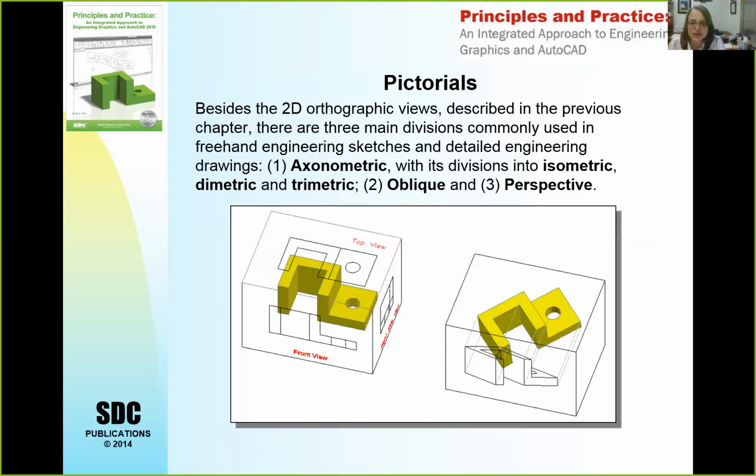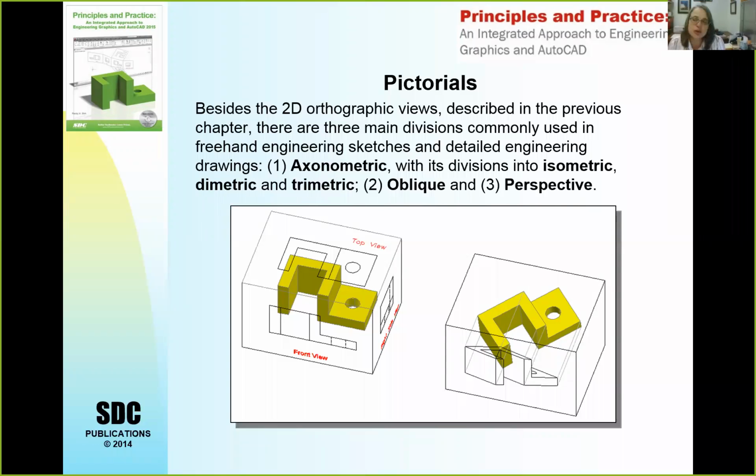Okay, so pictorials are three-dimensional representations of an object that we know we can represent using our two-dimensional orthographic projections. But people who aren't used to working with orthographic projections will have a hard time mentally rebuilding the object based on those images.